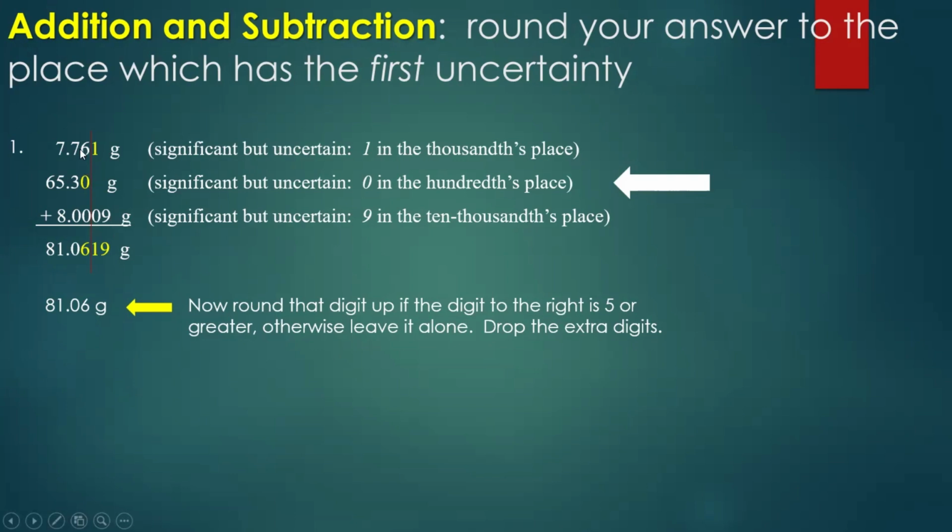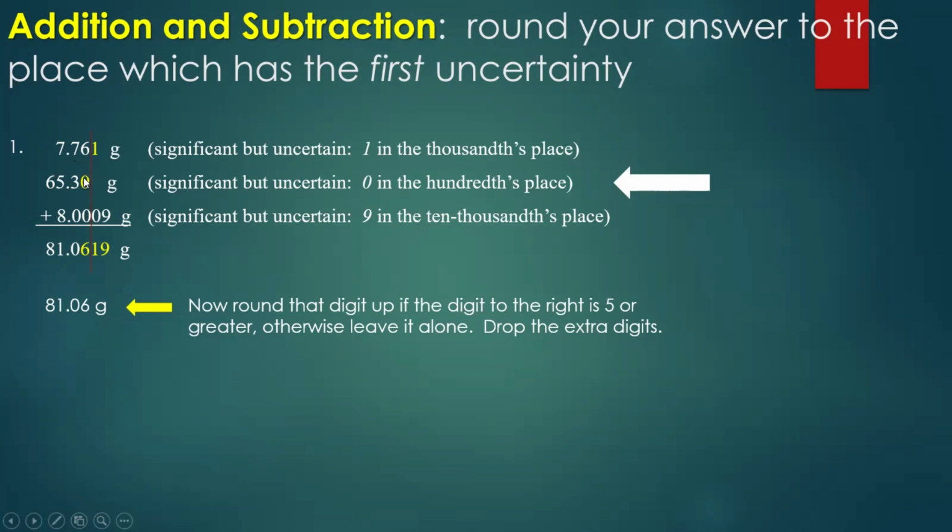And of course, we have to keep all the places straight when we're adding. So we bring down the 9, we bring down the 1, we bring down the 6, the 7 plus 3 is 10, carry the 1. We have 81.0619. So when we scan to the right, the first digit that we've got an uncertain number in is our second number that we added, 65.30.